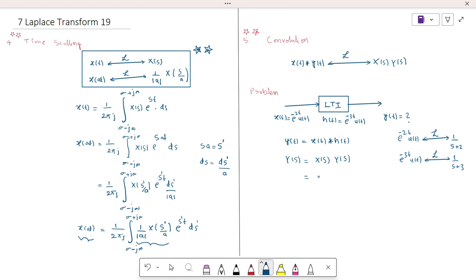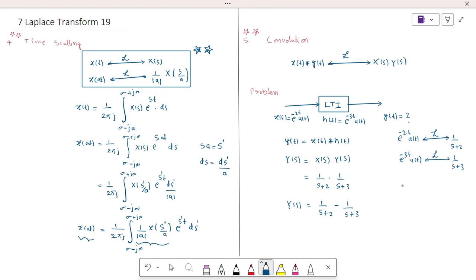So here y of s equals 1 by s plus 2 into 1 by s plus 3. To find y of t, we need to do the partial fraction. So I'm writing like this: 1 by s plus 2 minus 1 by s plus 3.